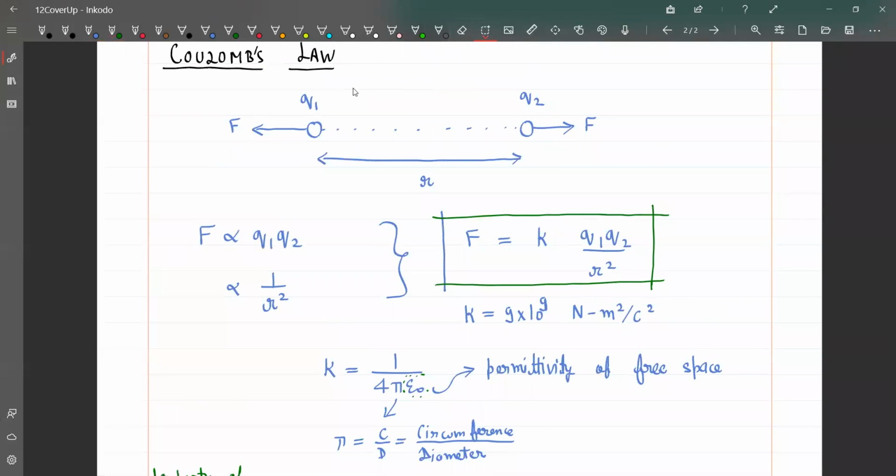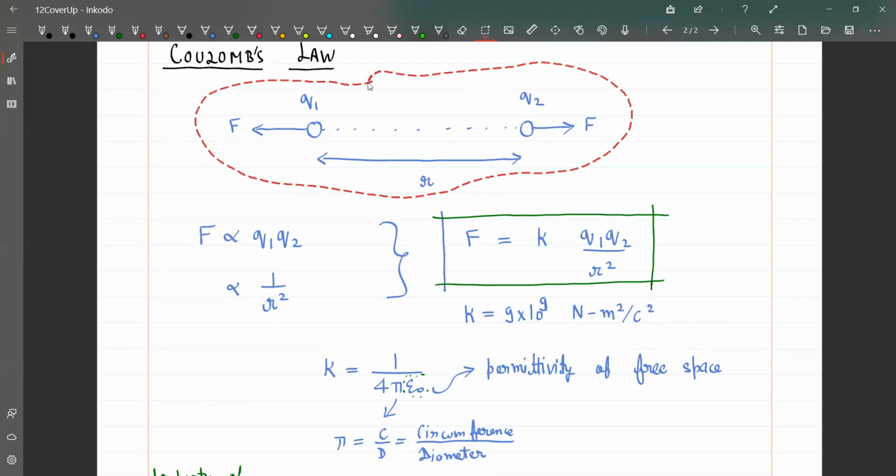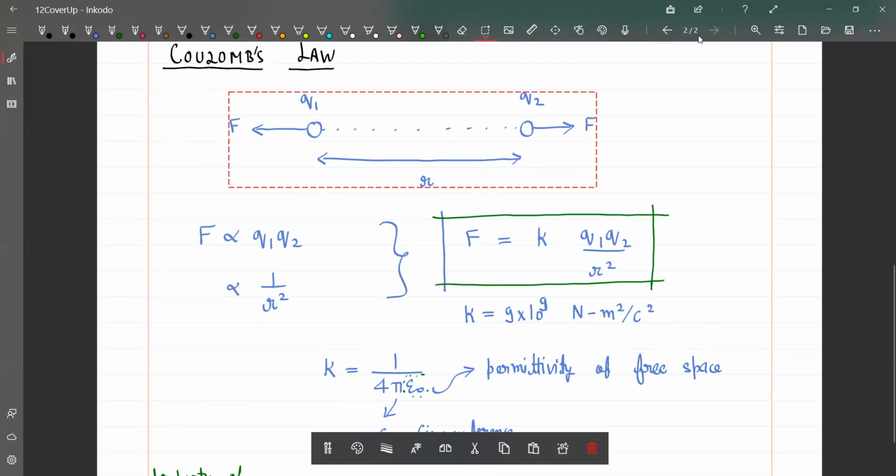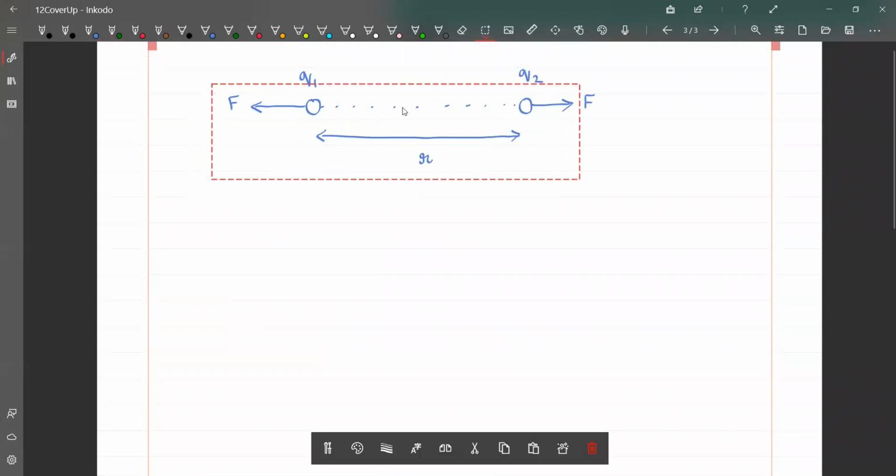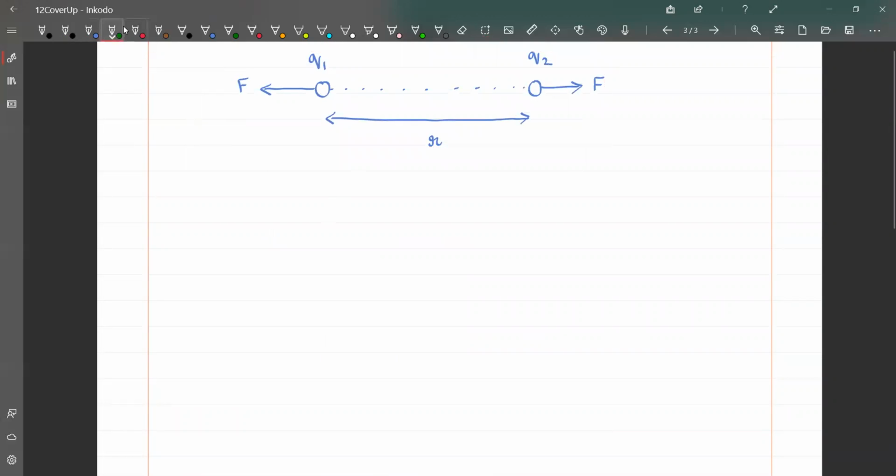Suppose experiments have been conducted, and this whole setup is submerged in a material or in a fluid which has permittivity epsilon. We call epsilon the permittivity of the medium.